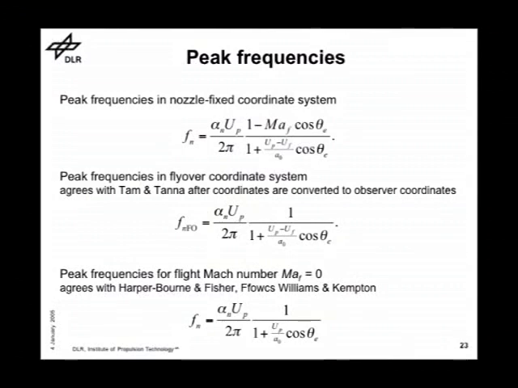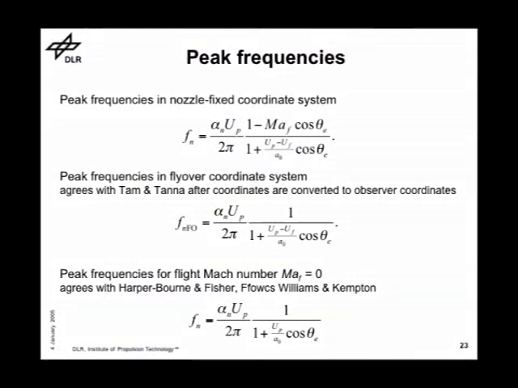And this equation is not identical to the equation Tam gives, but if you look carefully at the difference, you find out Tam uses the angle at reception time, when the aircraft is measured, but the emitted sound is from somewhere else.